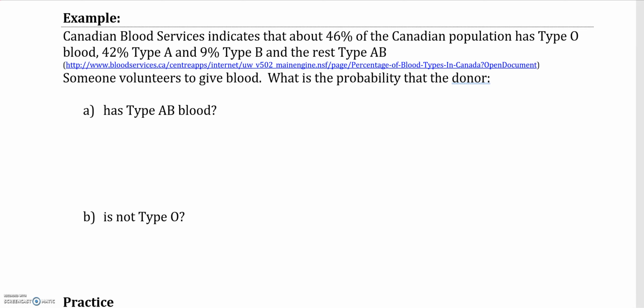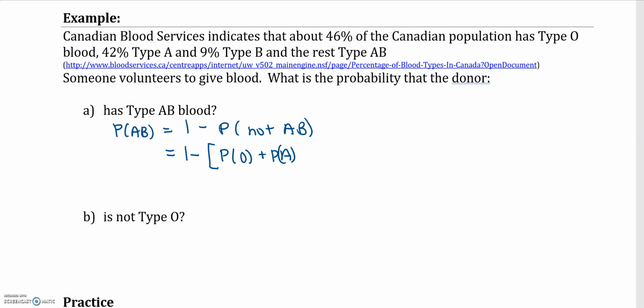So the probability that someone has type AB blood is equal to 1 minus the probability that they do not have AB blood, because either you have it or you don't. And if you do not have type AB blood, that means that you either have type O, or you have type A, or you have type B. And we can add those three probabilities together. So 1 minus the sum of those probabilities, so 0.46.